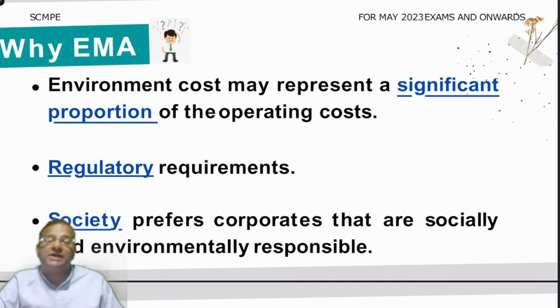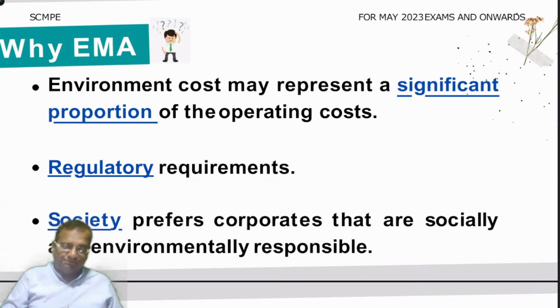Second, regulatory requirement. Right now, there is no regulatory requirement that every organization, whether corporate or non-corporate, has to prepare the environmental management accounting. But in the future, you will see such point. Third, society prefers corporates that are socially and environmentally responsible.